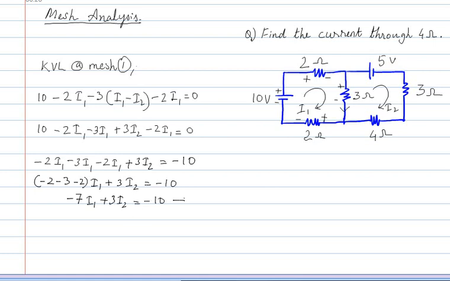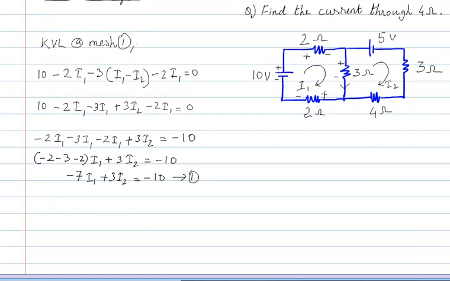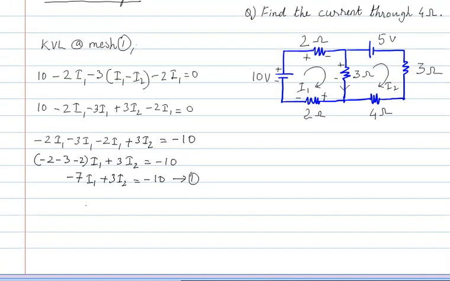And this is the first equation for mesh 1. Similarly, I can write for the second mesh, KVL for second mesh. So I will write here KVL at mesh 2.